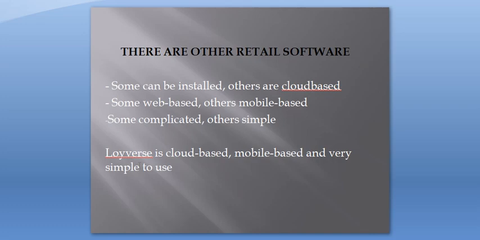Some can be installed and some are also cloud based. Some are web based and others are mobile based. While some are very complicated to use and some are simple. But the one we are going to be using, which is Loives, is cloud based and mobile based, and it is very easy and simple to use.